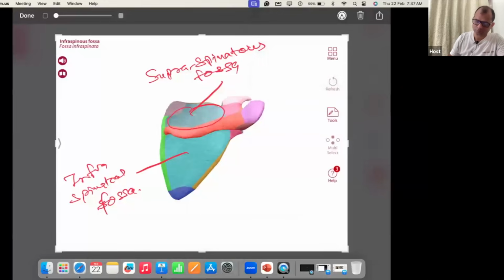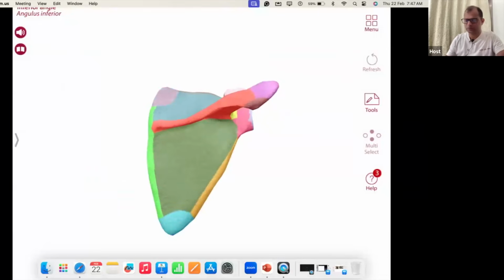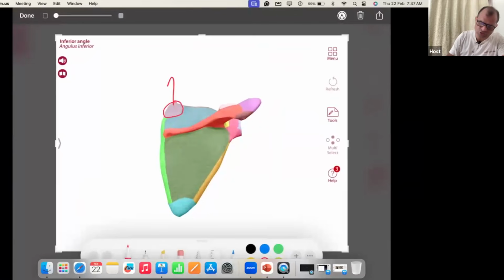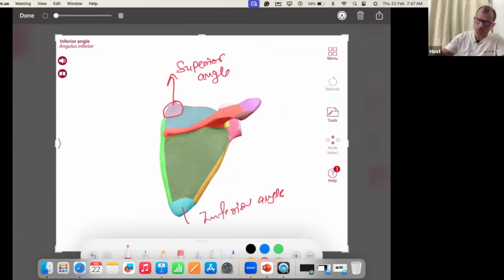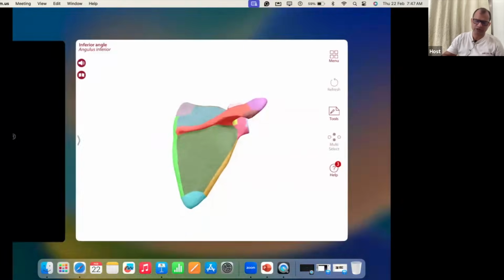Now, if we see, this is the upper part. The uppermost part is called the superior angle, and this is the lower part, called the inferior angle. The upper part we call the superior angle and the lower part we call the inferior angle. Let's see in the other image.